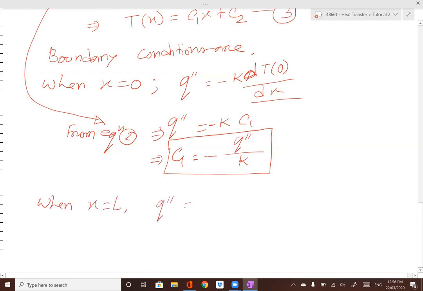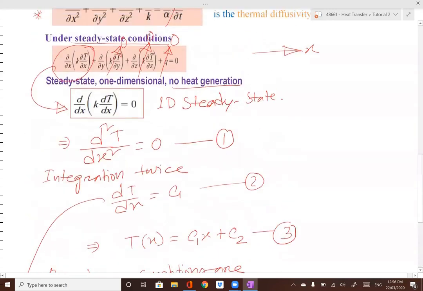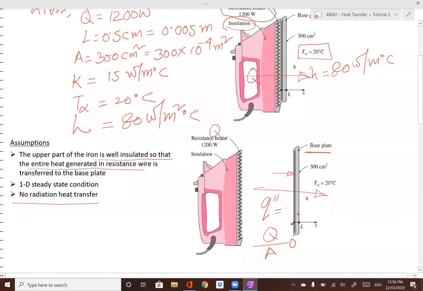At the outer surface, heat flux also equal to minus k dT/dx at x equal to L. Now x equal to L means at the outer surface, so the outer surface heat flux will be related to convection. At the inner surface, x equal to 0, heat flux was related to conduction.